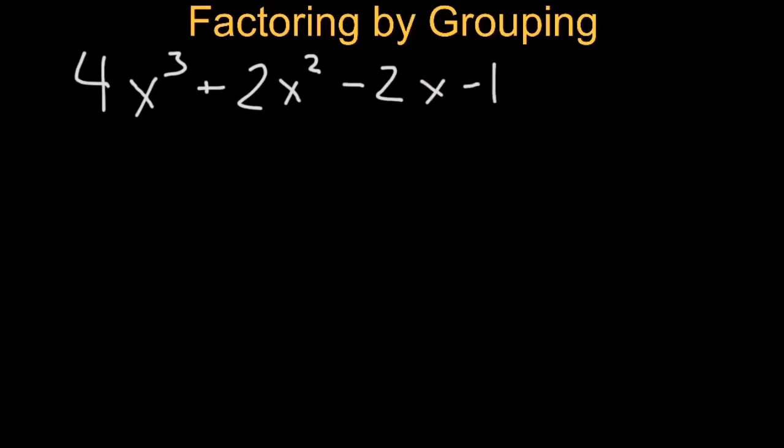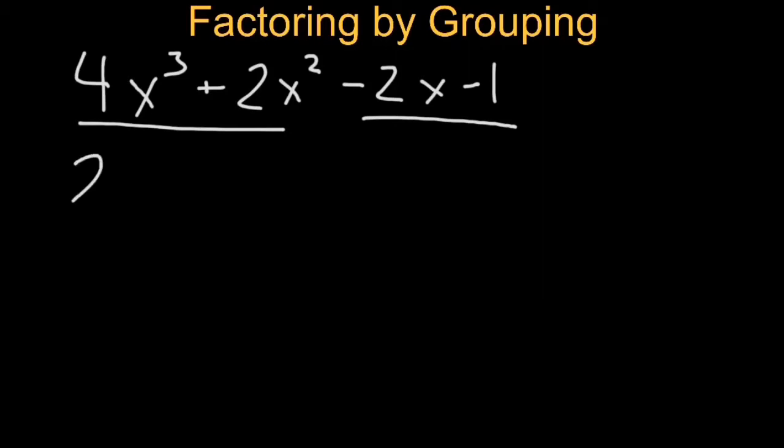Let's try another problem. Let's say 4x cubed plus 2x squared minus 2x minus 1. How would you factor this? So let's split it into its two groups. Let's do the first part, 4x cubed plus 2x squared. What's the greatest common factor here?